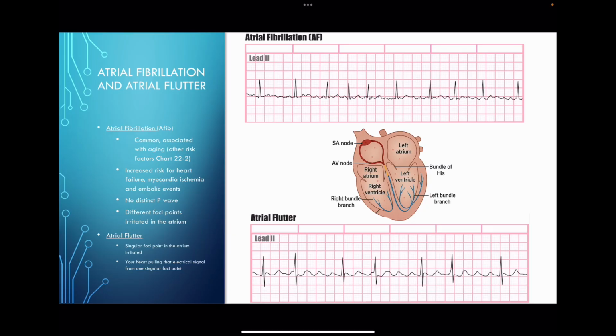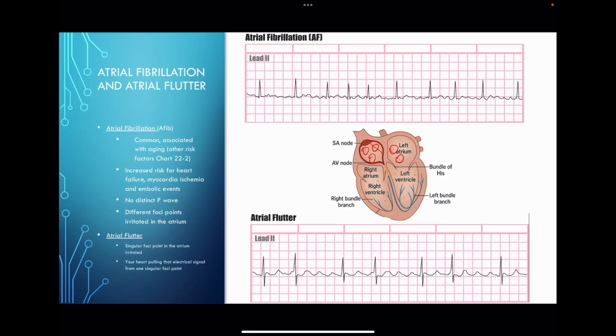Okay, so you've got no distinct P wave and these little squiggly lines in between. So essentially what is happening is all these foci points in your atrium are firing rapidly to send a signal down through your AV node to initiate your QRS complex.